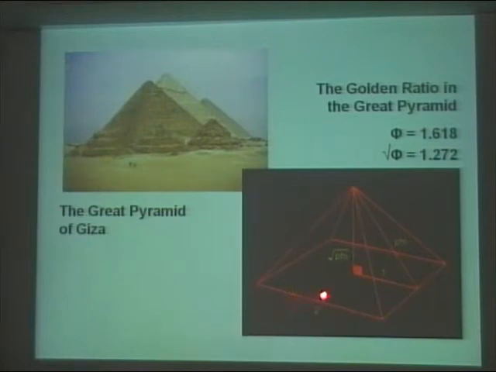So this is half of the whole base, and the diagonal going up the side of the pyramid is phi, 1.618, etc. And the height of the pyramid is the square root of phi. Perfectly remarkable.